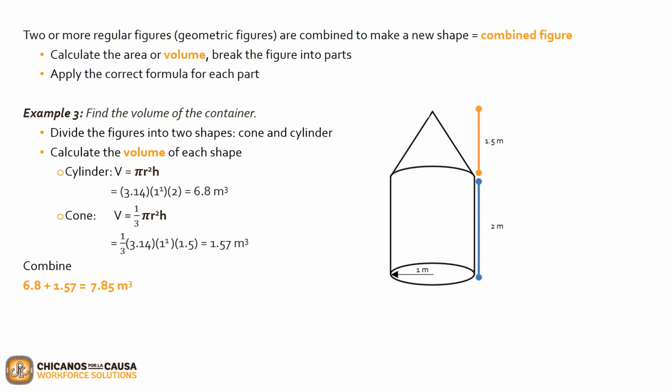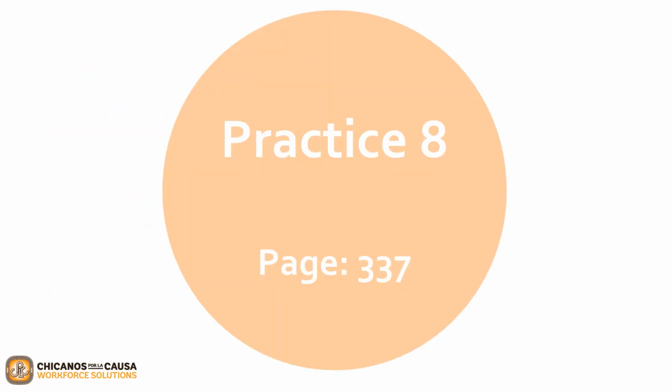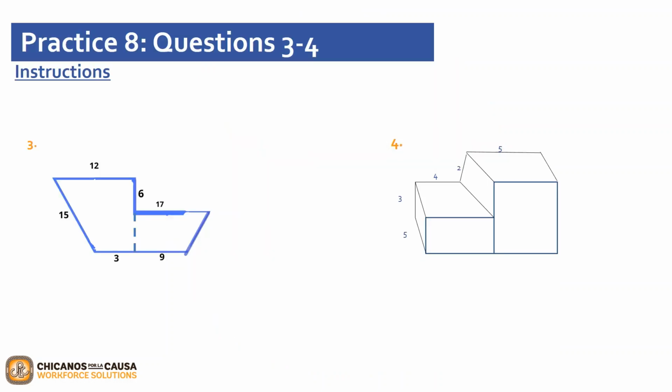Now let's move on to practice 8, found on page 337. For practice 8, we are going to work on questions 3 and 4. For question 3, you're going to find the perimeter and the area. And for question 4, you're going to find the volume.